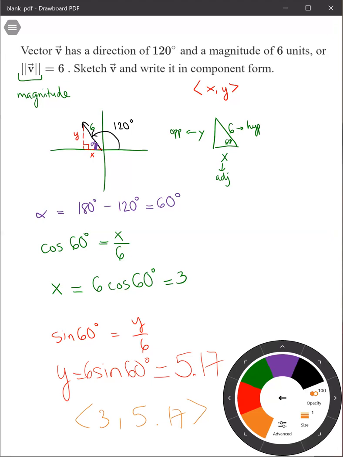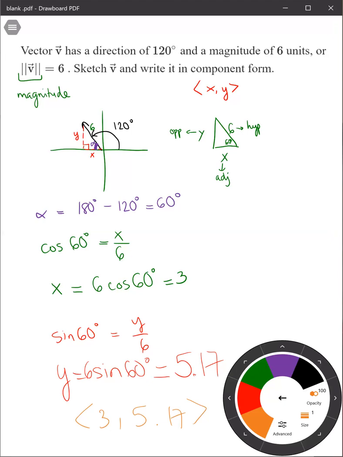Why is it 5.17? I got 5.17. I think if you put everything in exactly, like 6 and then sine 60 degrees into your calculator, all together, then you get the exact answer as 5.17 something. No?